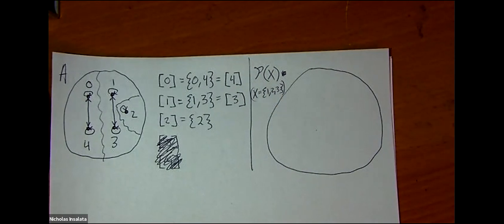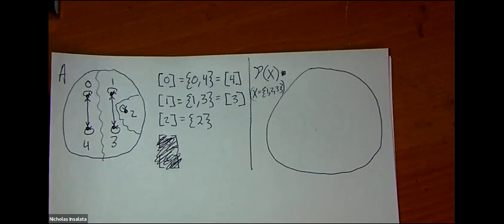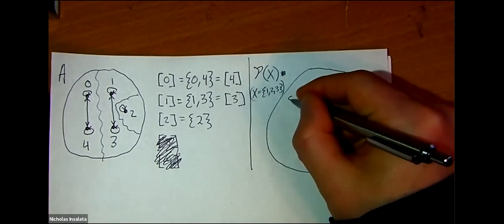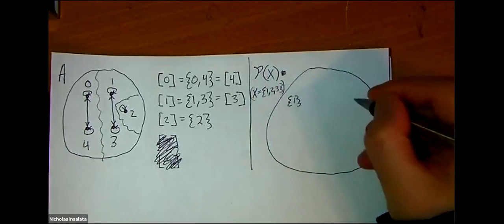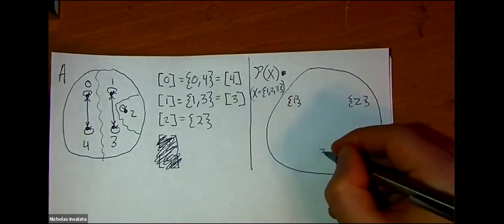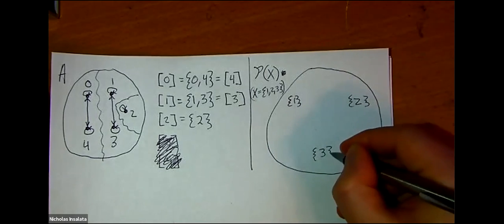So what's the power set of X? It's a set that has just 1, a set that has just 2, a set that has just 3, a set that has 1, 2, a set that has 1, 3, a set that has 2, 3, a set that has 1, 2, 3, and then the null set. I think I got all of them, right?